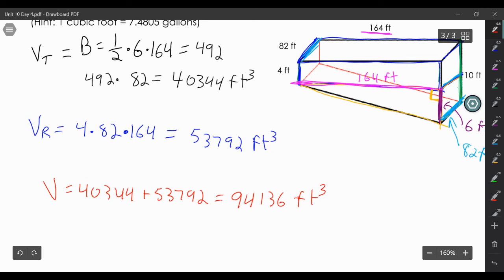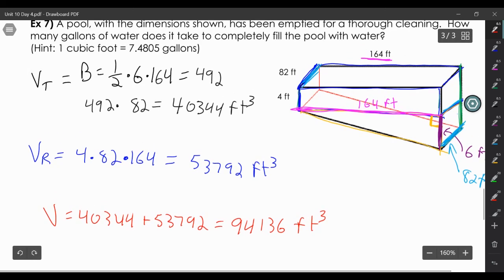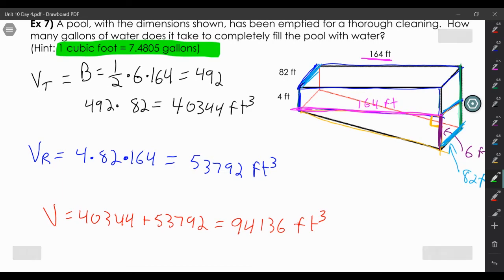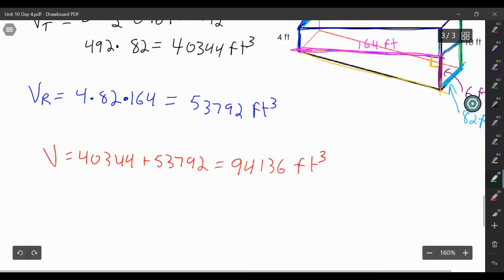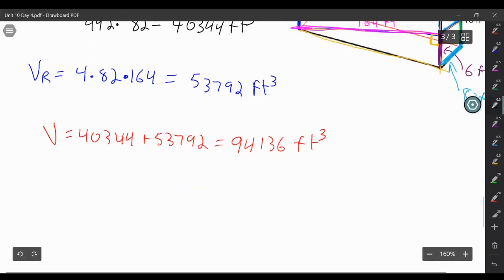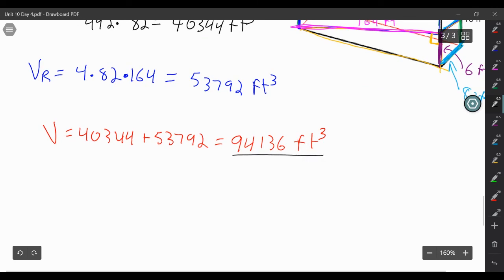cubic feet. That's not what the question's asking, though. The question says, how many gallons of water? Up here, 1 cubic foot is 7.4805 gallons. So we need to take this number here and multiply it by 7.4805 because that's how many gallons are in 1 foot.